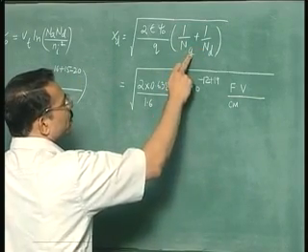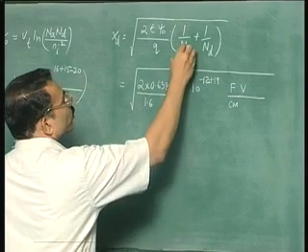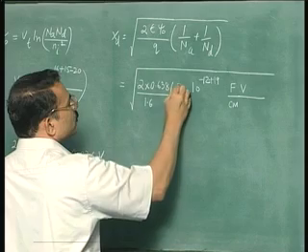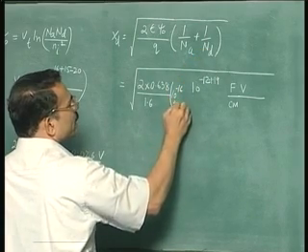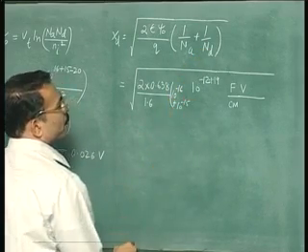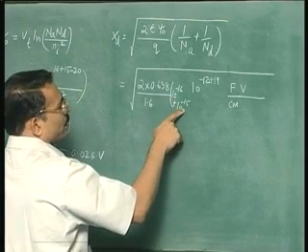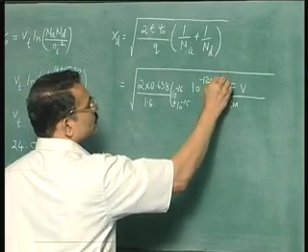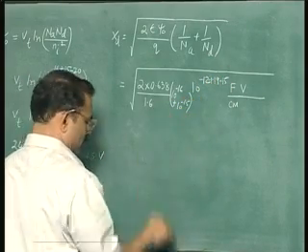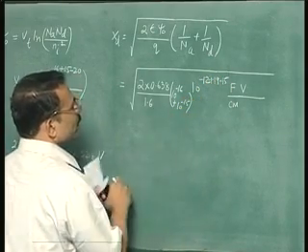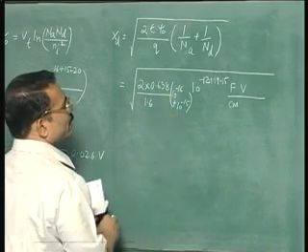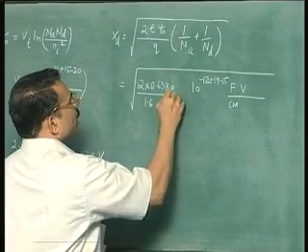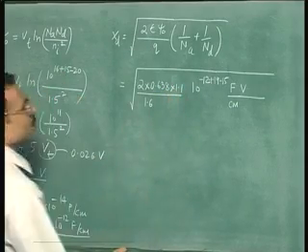So 1 by Na will be 10 power minus 16 and 1 by Nd will be 10 power minus 15. Now notice that we can take out 10 power minus 15 out of the bracket, so that you will get 1 here and 0.1 here, multiplied by 1.1.